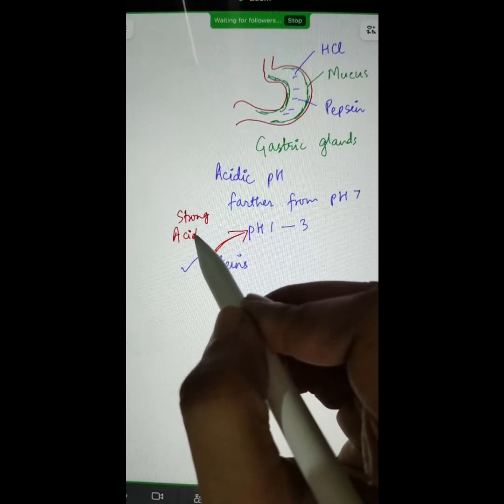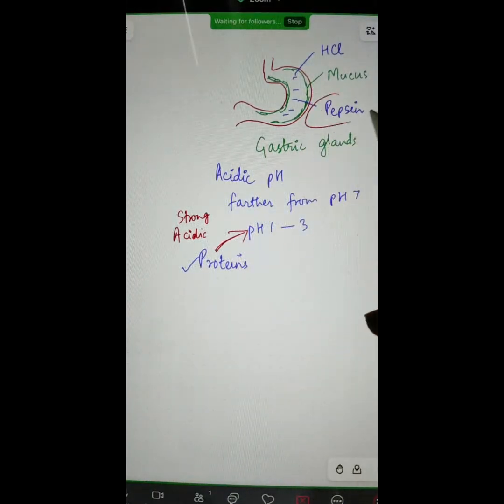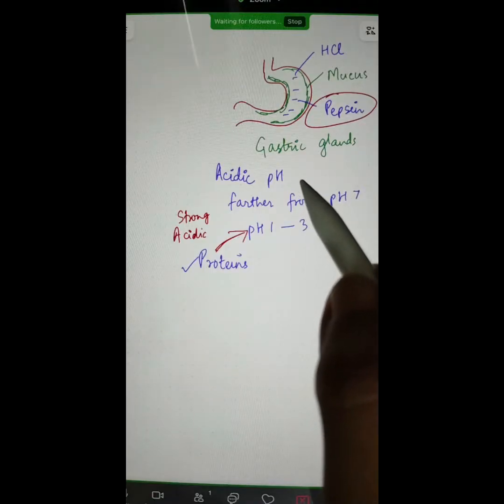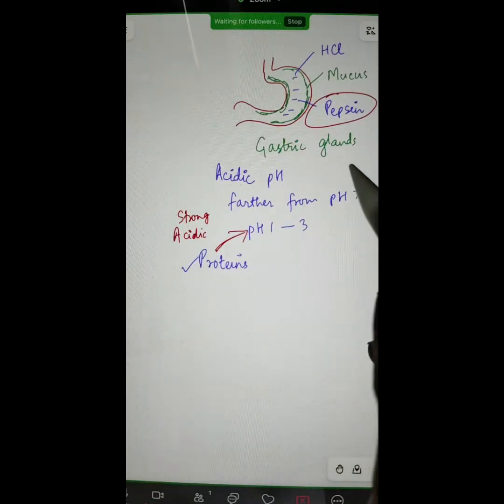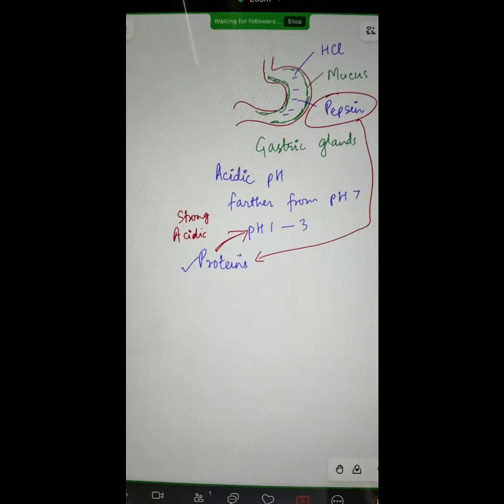So these conditions are now favorable for this enzyme. Pepsin will act only in strongly acidic conditions. And the substrate for this pepsin is protein, right? Each enzyme acts on a specific substrate. For salivary amylase, it is carbohydrate. For pepsin, it is protein.